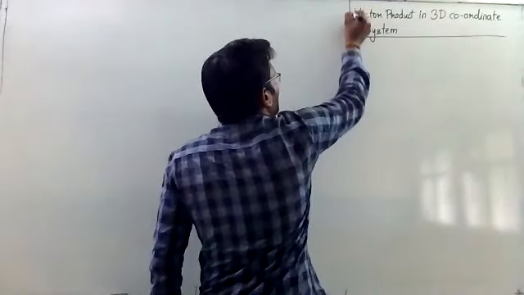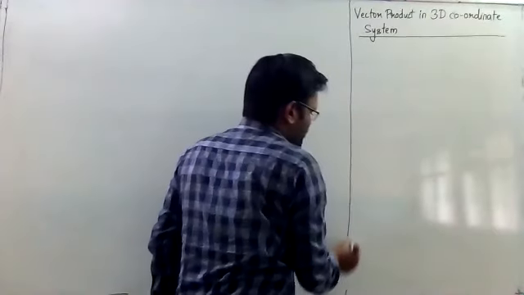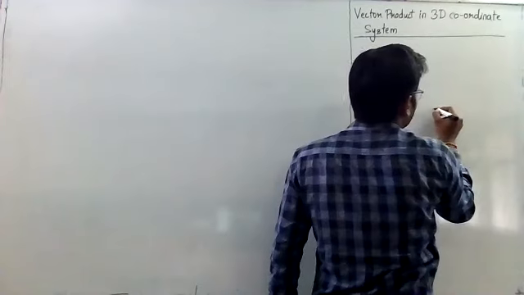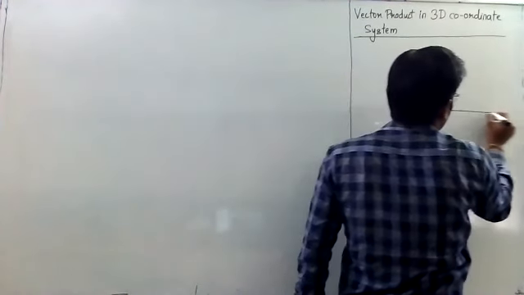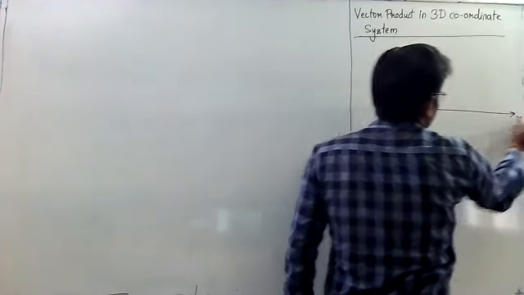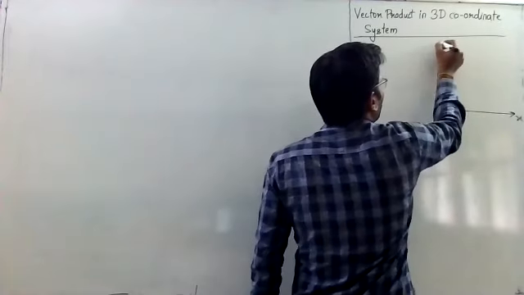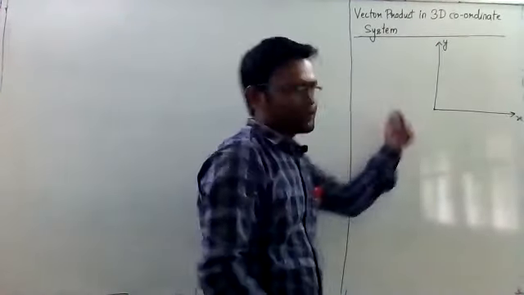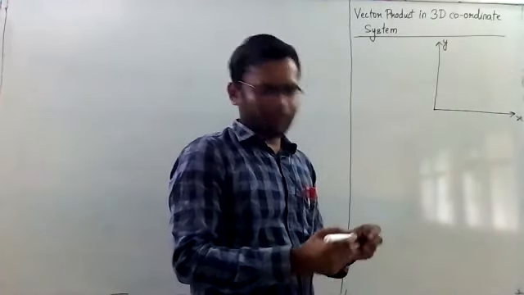Okay, so now we are having vector product in the three-dimensional coordinate system. In the 3D coordinate system, let's first study the direction of the axes. This one is the x-axis, this one is the y-axis, and the z-axis will be coming out of the plane.